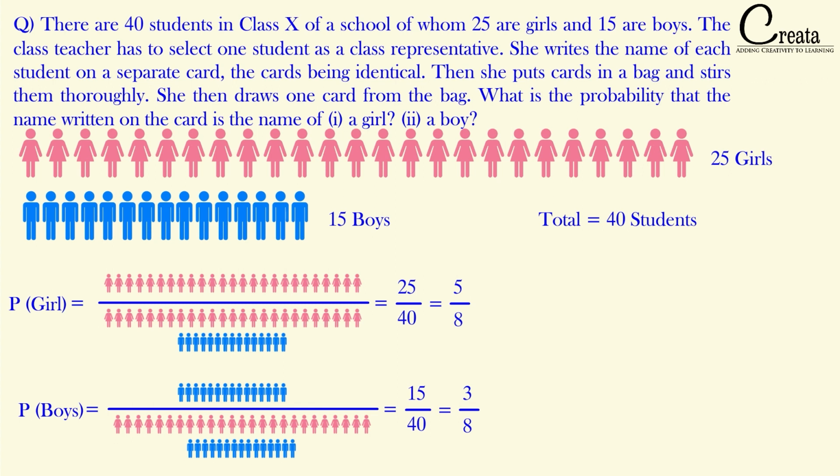Here we are using graphics to show you how easily we can solve probability questions if we can visualize the question. The same you have to do in the examination. Firstly, visualize the question, then try to solve it. In the numerator, we have put all the girls and all the boys. In the denominator, the total number of students of the class.